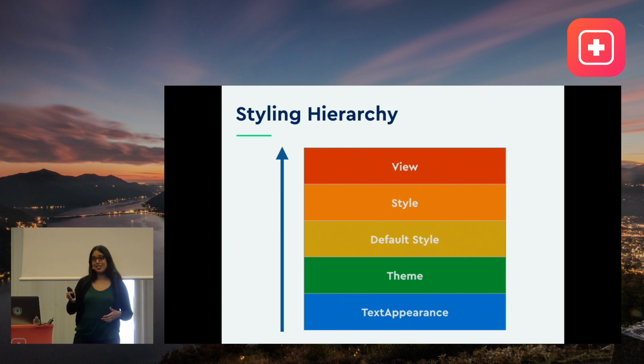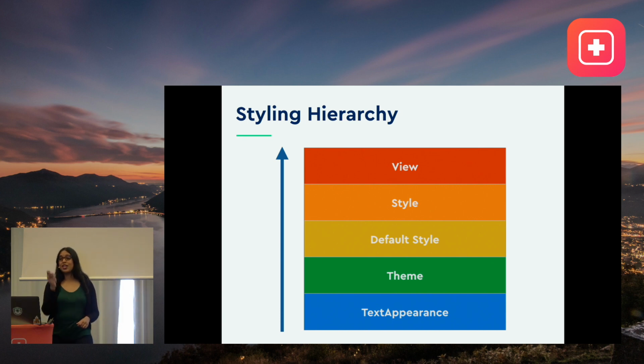So nobody in your team has set this. You haven't set this, but Android has set this for you, and it's overriding what you're setting. So hopefully being conscious of the styling hierarchy will help you have a little bit more fun with styling, and hopefully it'll be a bit less frustrating.